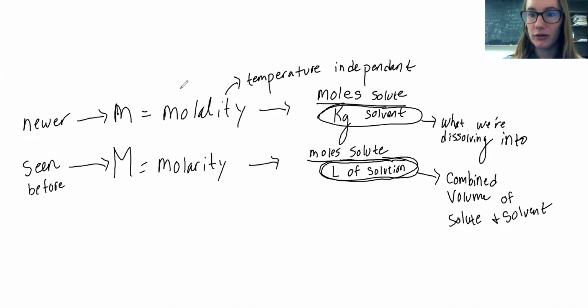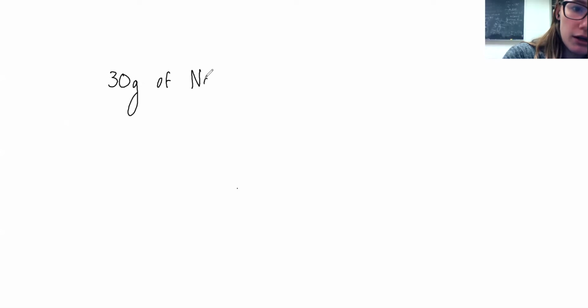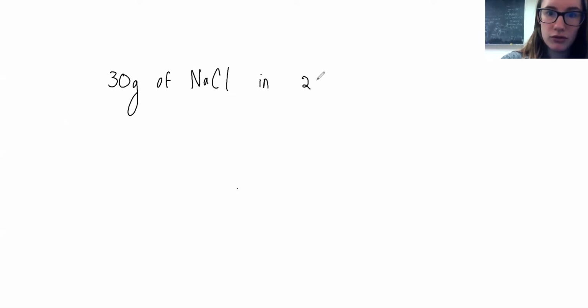Let's say that we have 30 grams of NaCl in 200 grams of water.